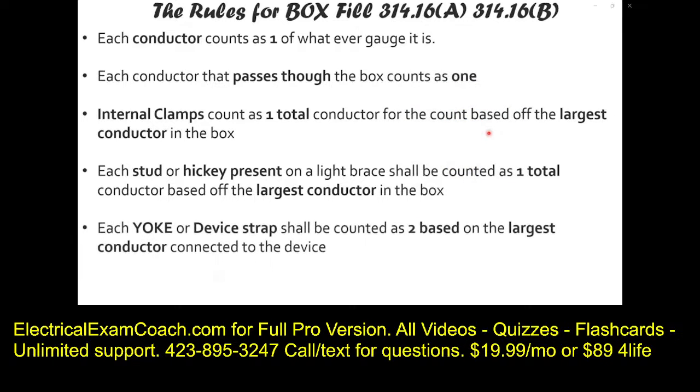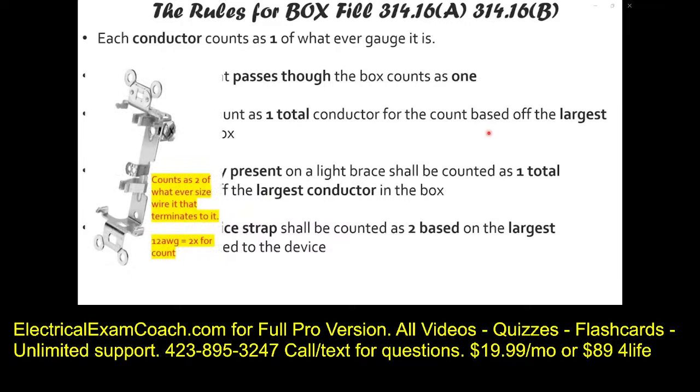Now we need to account for device straps and yokes. What the code states is that each device, strap, or yoke is going to be counted as 2 based off the largest conductor that's connected to the device. As we learned earlier in the program, this is a device yoke or what we call a device strap. So each one of those, and how I like to think about it, is each gang of a box.